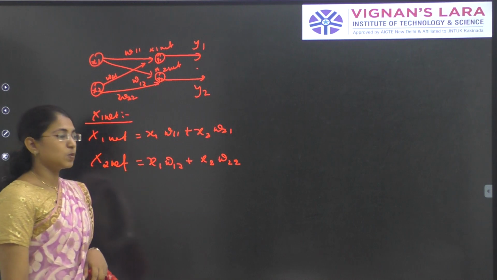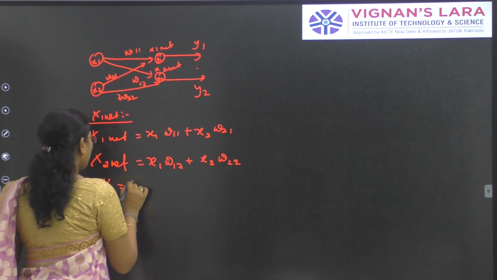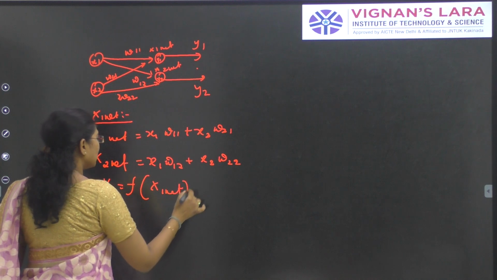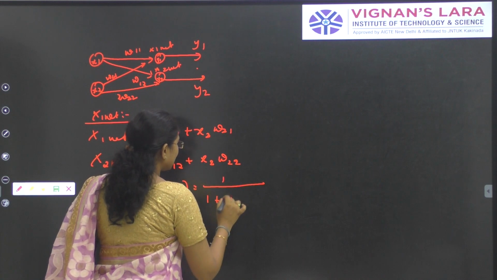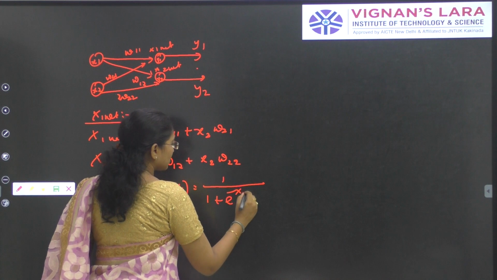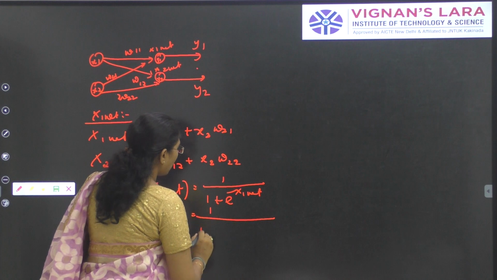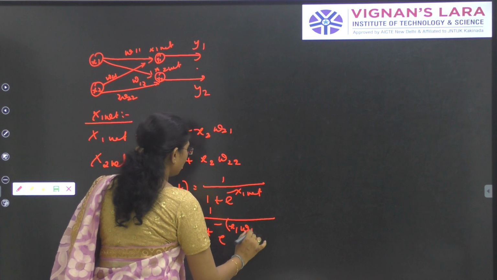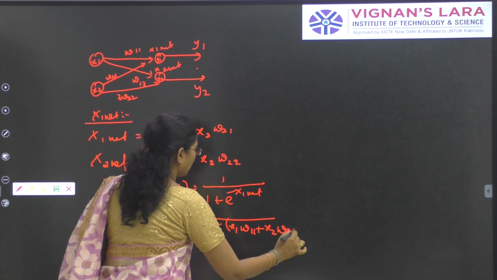After obtaining x1 net and x2 net, you need to find y1, which is f of x1 net. Again you are going to use the sigmoid activation function, 1 by 1 plus e power minus x1 net, which is equal to 1 by 1 plus e power minus (x1 w11 plus x2 w21).